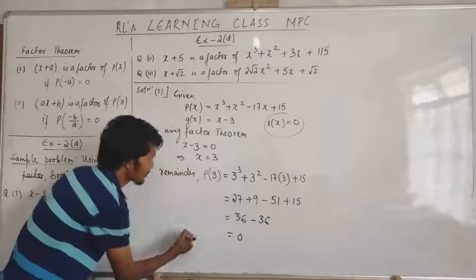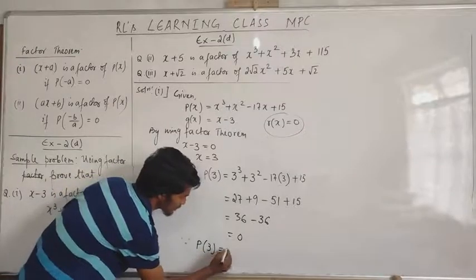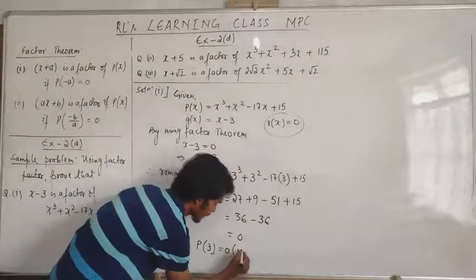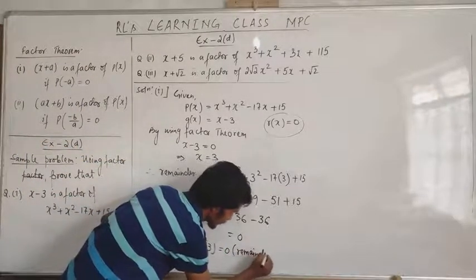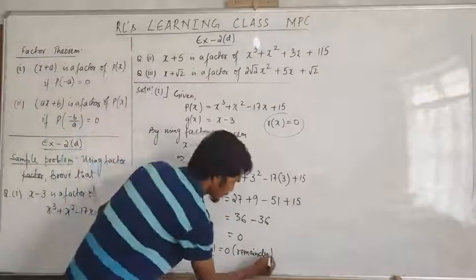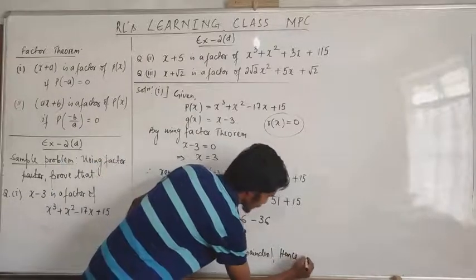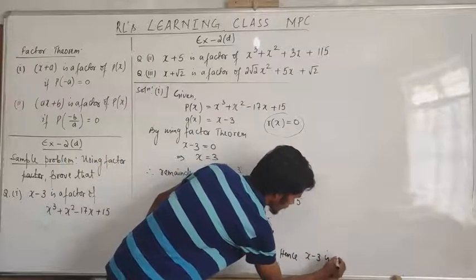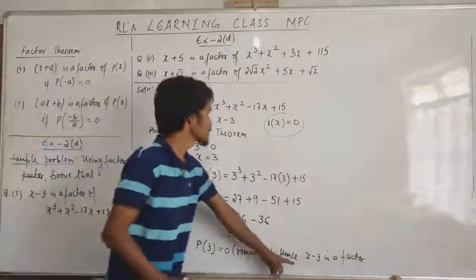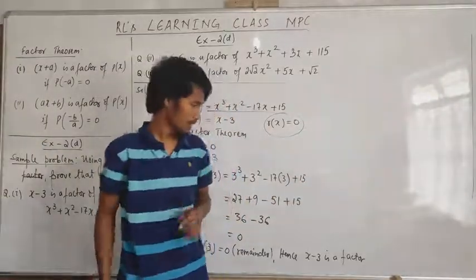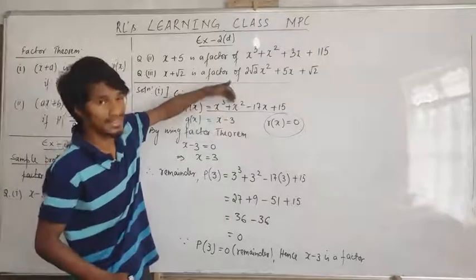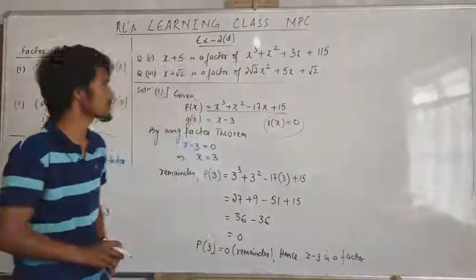Since p of 3 is equal to 0, meaning the remainder is equal to 0, hence x minus 3 is a factor of this one. Now we got the remainder 0, then this x minus 3 is a factor of x cubed plus x squared minus 17x plus 15.